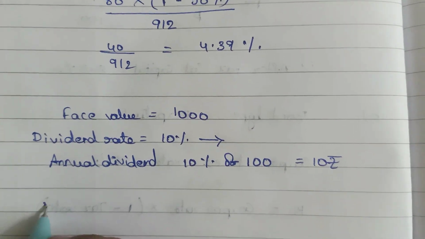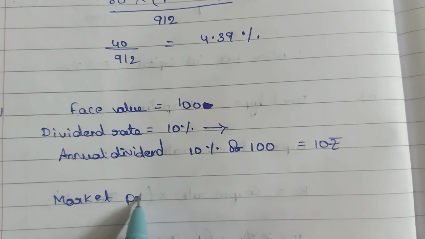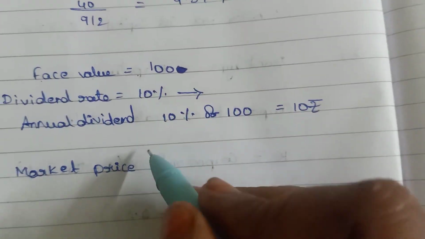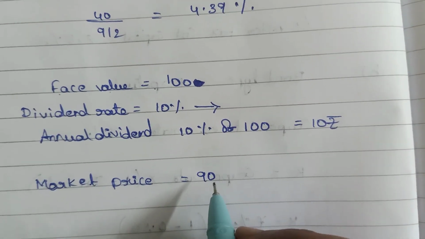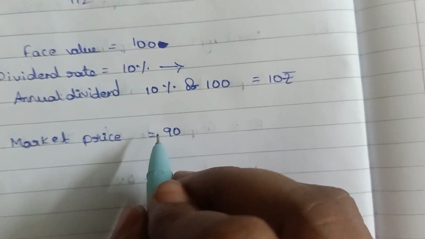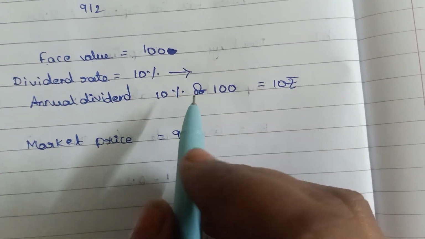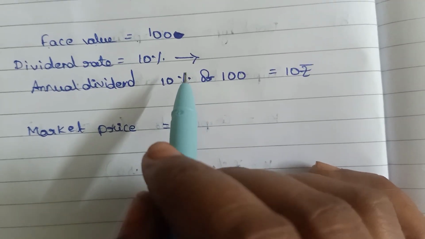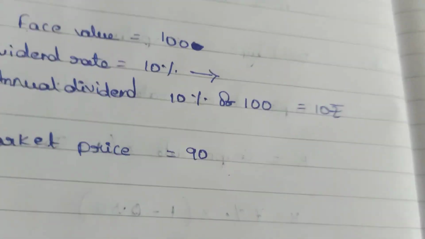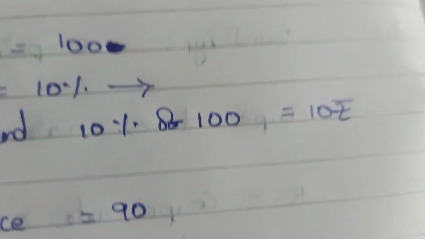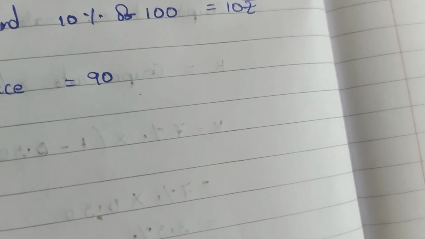The market price, the issue price, is how much? 90 rupees. How did it come about? Because 100 minus 10 is equal to 90 rupees. Now the preference dividends are not tax deductible.